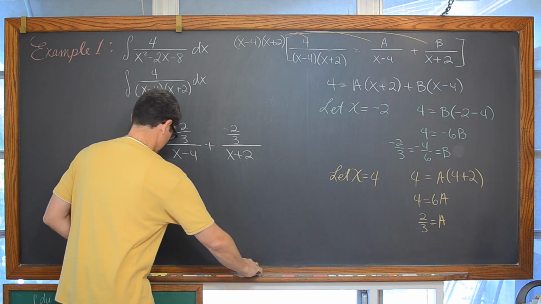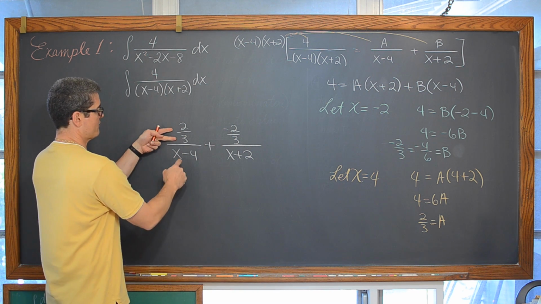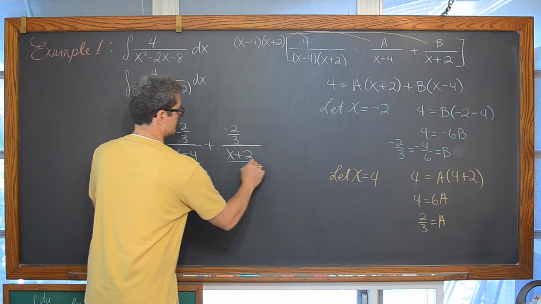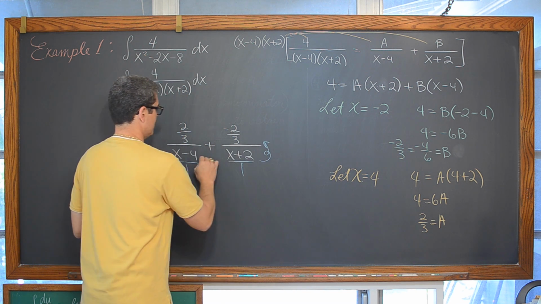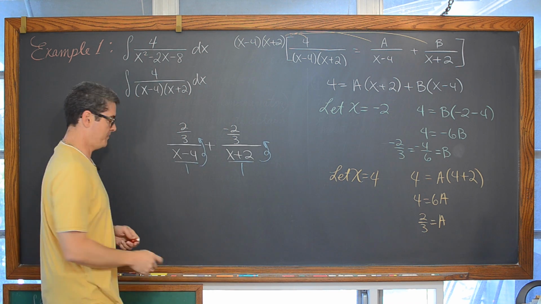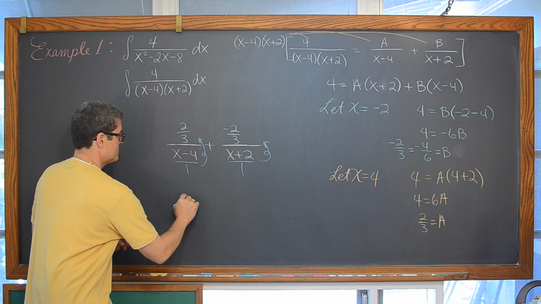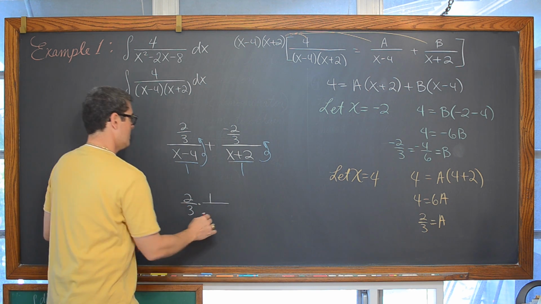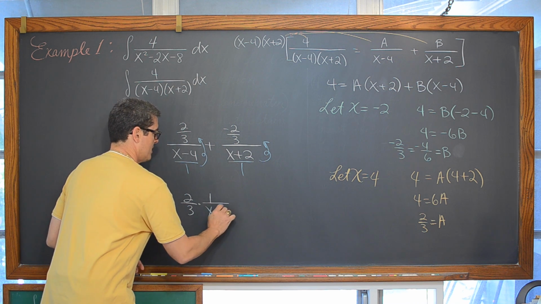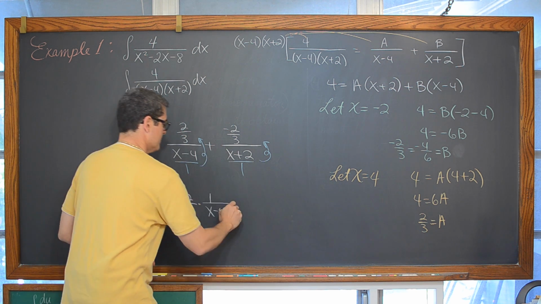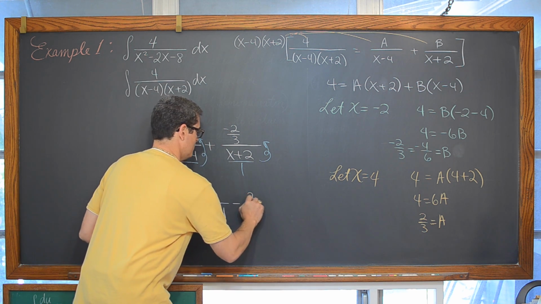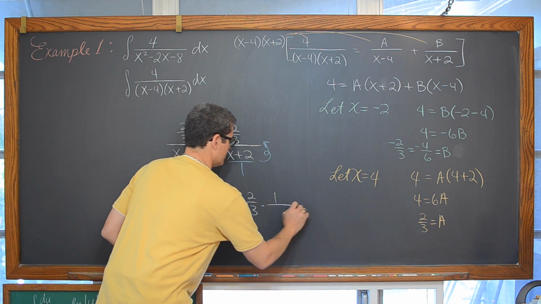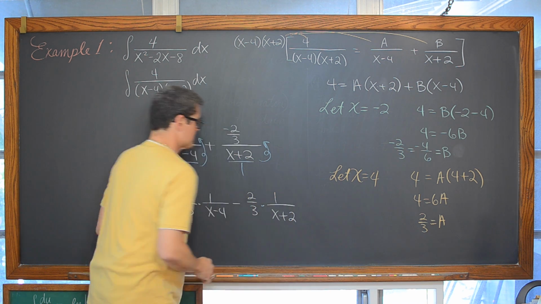But I'm going to go ahead and just remind you that when you have a fraction over a fraction, we're going to let those denominators flip up. We'll have 2/3 times 1 over x minus 4, and then minus 2/3 times 1 over x plus 2.